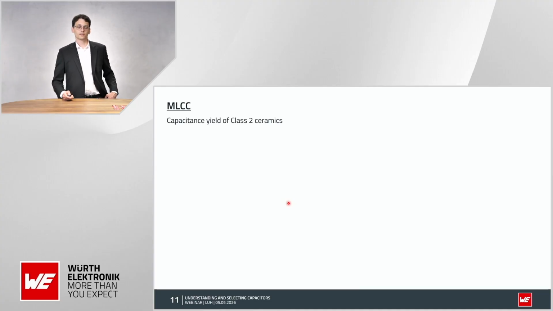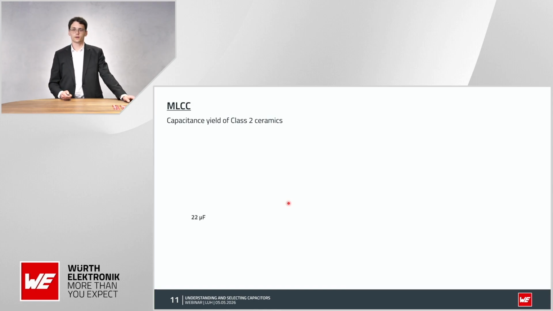So maybe some conclusion of the capacitance yield of class 2 ceramics. We have here a 22 microfarad part with 10 volts, 1206. And on the data sheet we write plus minus 20%, which can lead to the negative value of 17.6.